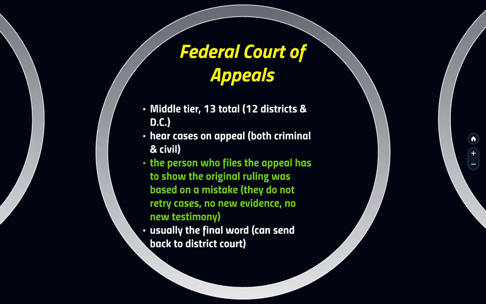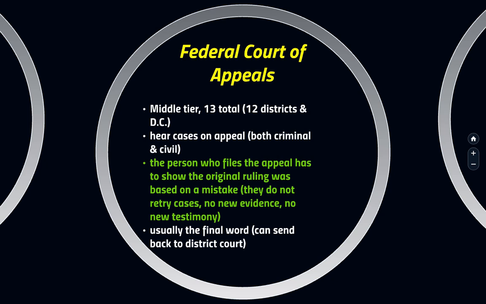An important thing to know about appellate courts is this is not a retrying of the case. If a mistake is made, that's when you see an overturning in the appellate court. The person who files an appeal has to show the original ruling was based on a mistake. You don't get any new evidence, any new testimony, or any new witnesses. Nothing like that exists in the appellate courts.